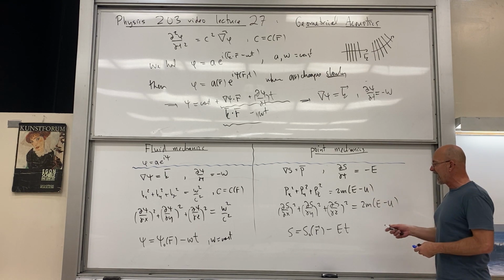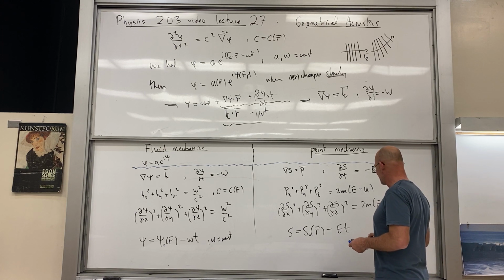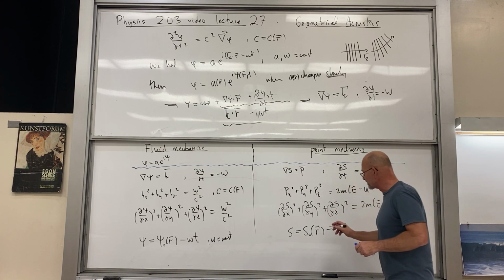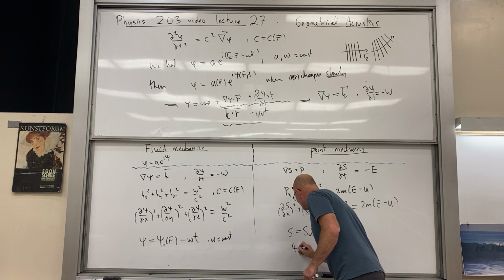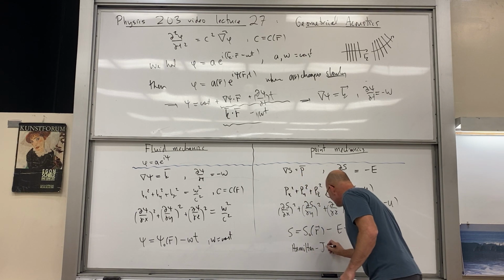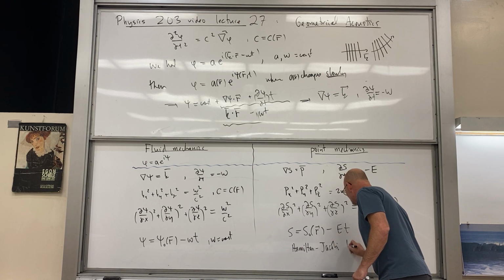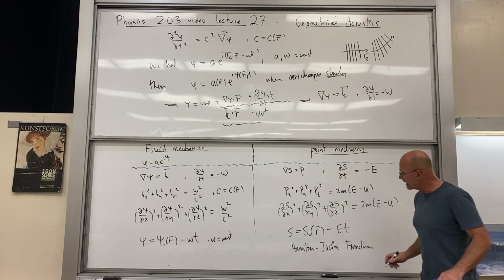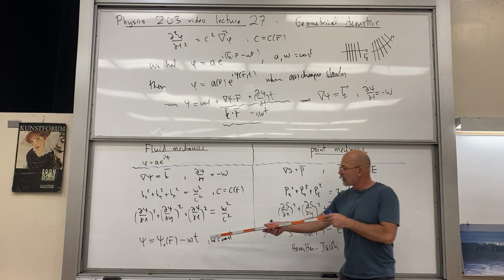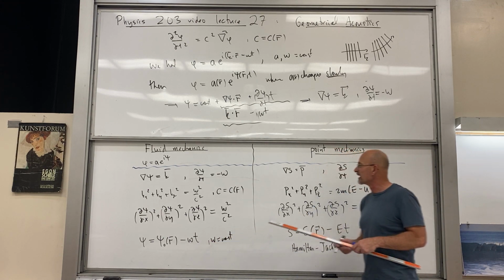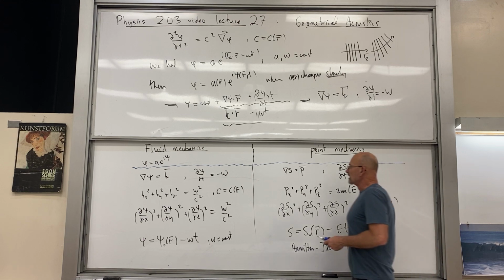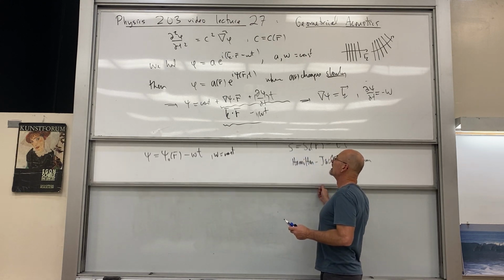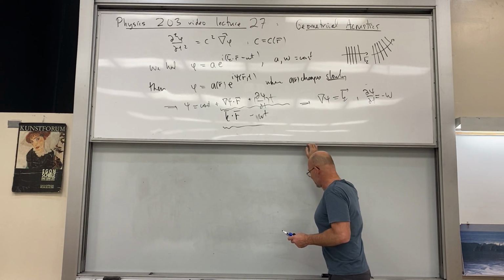So we could even add, well, we'll get there later. So I'm just going to write here Hamilton-Jacobi formalism. So we ought to be able to apply that over here if we're careful. Okay, good. So this is the first half of what I want to put up.